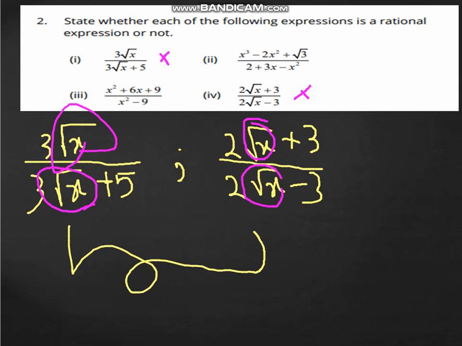I do think they are rational expressions because we do not see any non-polynomials in the numerator or denominator in both of these expressions, so it makes them perfectly rational for me. But if you do think I'm wrong, please tell me in the comments.